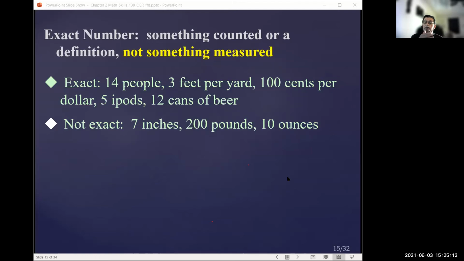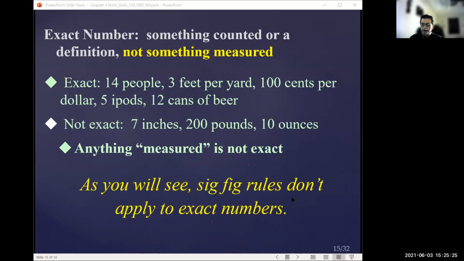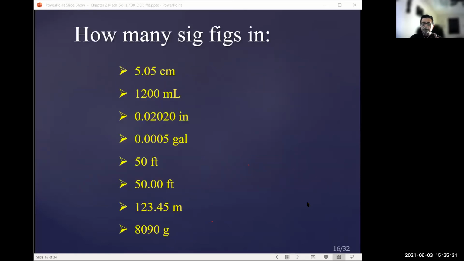Therefore, they will play a role in determining the number of sig figs at the end of your calculation. All right, we're almost done. So anything measured is not exact. The sig fig rules are not applied to exact numbers.